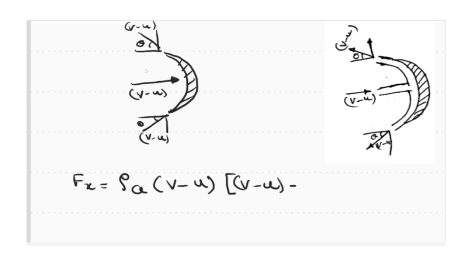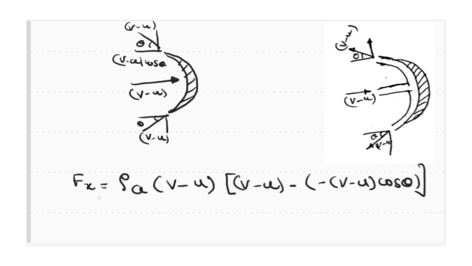So that will be equal to (v minus u) cos theta. The direction is opposite, so we should write it as minus (v minus u) cos theta.